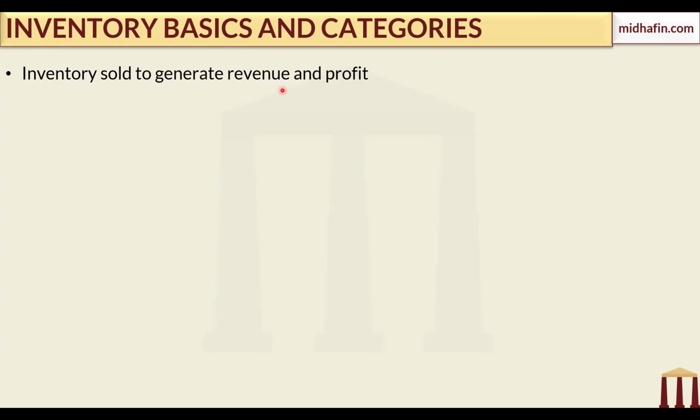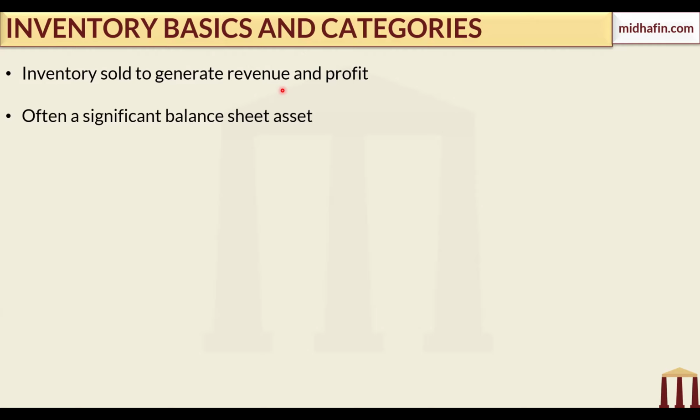And those sales are converting your operating activity into revenue and, of course, profit. So when you are talking about inventory, you are talking about the core input first, which becomes the product and then becomes the sale.